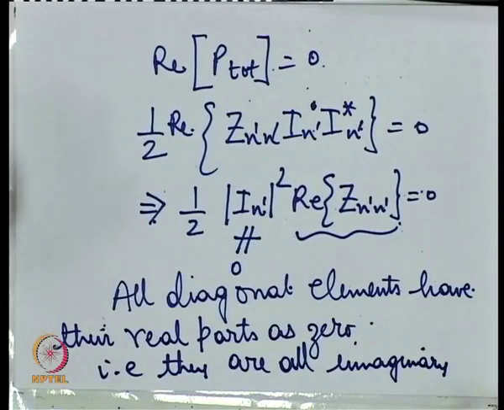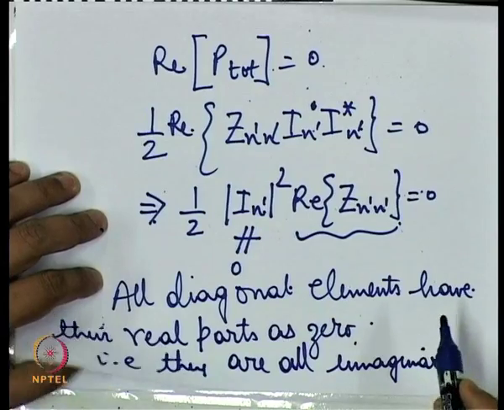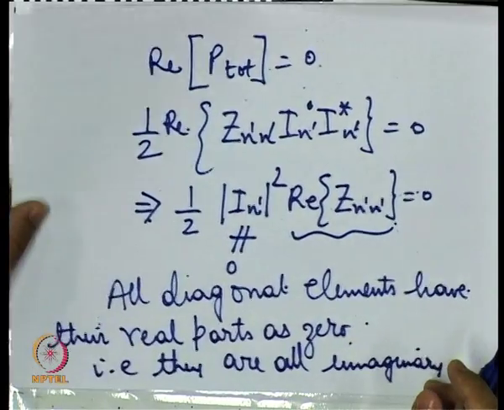So if only the network is lossless, then this is the condition, that all the diagonal elements are purely imaginary.